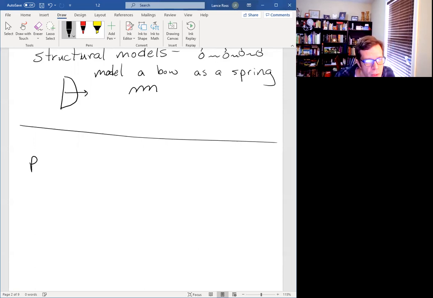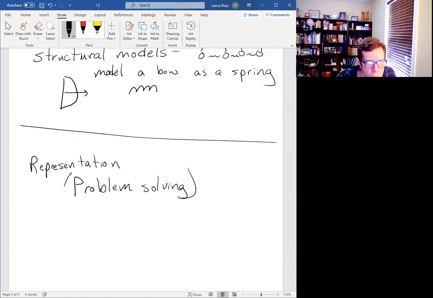So how you represent, and this goes to problem solving, right? In the book, it talks about first forming a mental picture. Right? Imagine the situation.